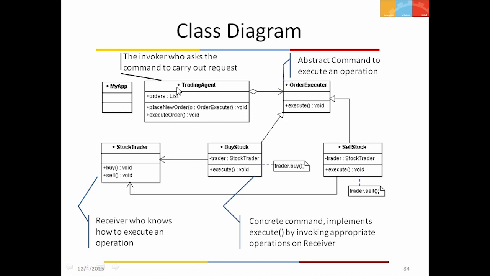Now this trading agent essentially creates a set of command objects. So here in the list, it maintains a list of command objects and executes them one by one. You can imagine that this trading agent has, let us say, many such clients like my application. They all place orders, and they are all put in a queue and executed one by one, and those executions essentially happen here in this stock exchange.